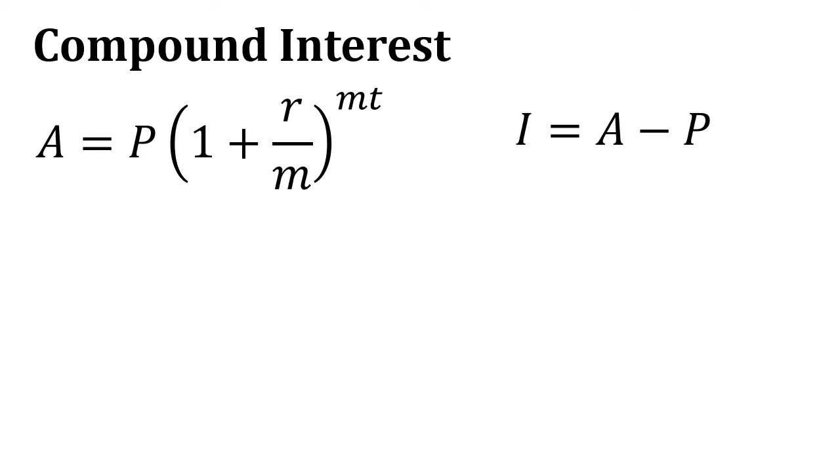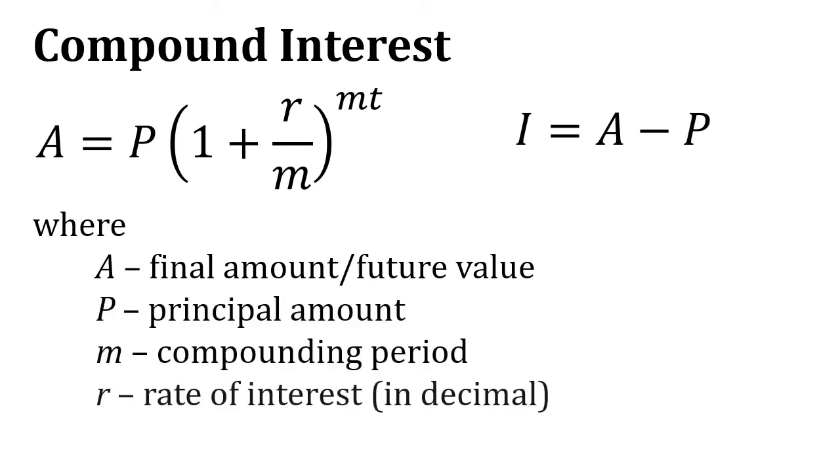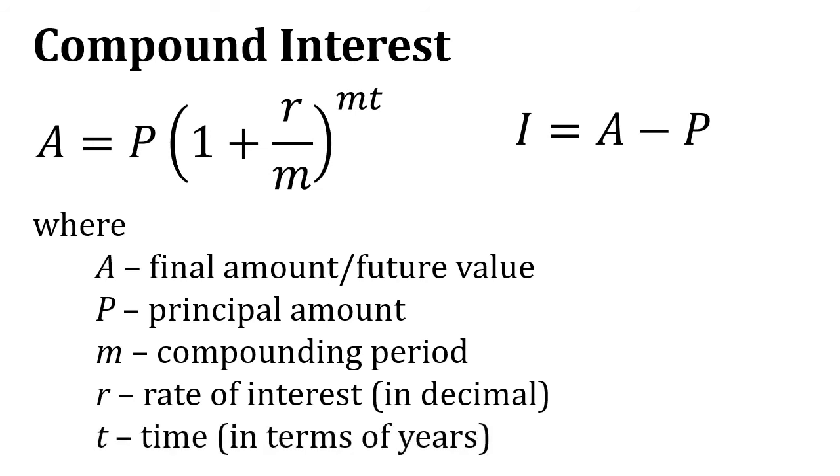The formula to solve for the compound interest is A equals P times (1 plus R over M) raised to MT. And to solve for the amount of interest, I is equal to A minus P, where A is the final amount or the future value, P is the principal amount, M is the compounding period, R is the rate of interest in decimal, and T is the time in terms of years.